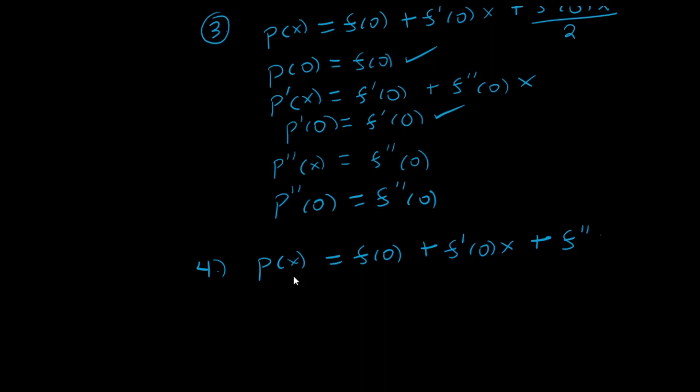F double prime of 0, x squared over 2 factorial, tumama pa rin tayo. But this time, lagyan ko ng third. Gawin ko na siguro ng triple prime, x cubed over 3 factorial. Okay, so check natin, no?